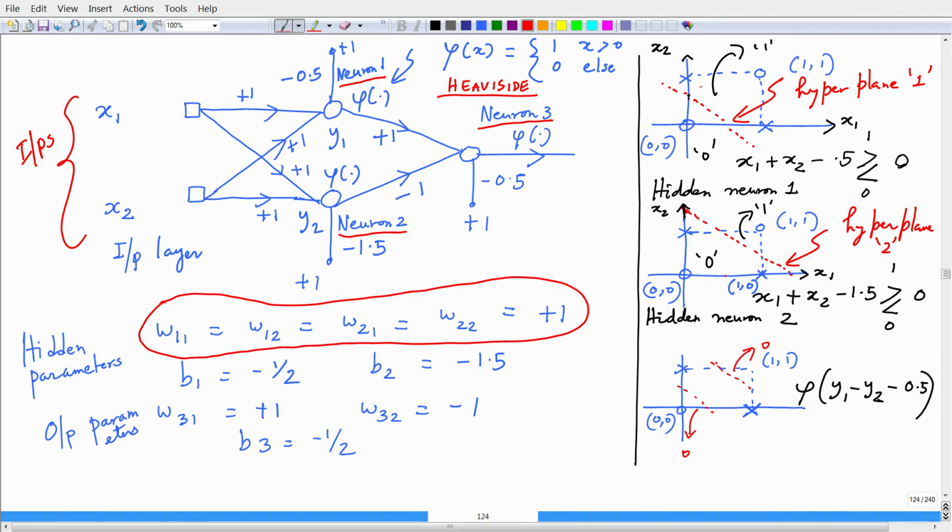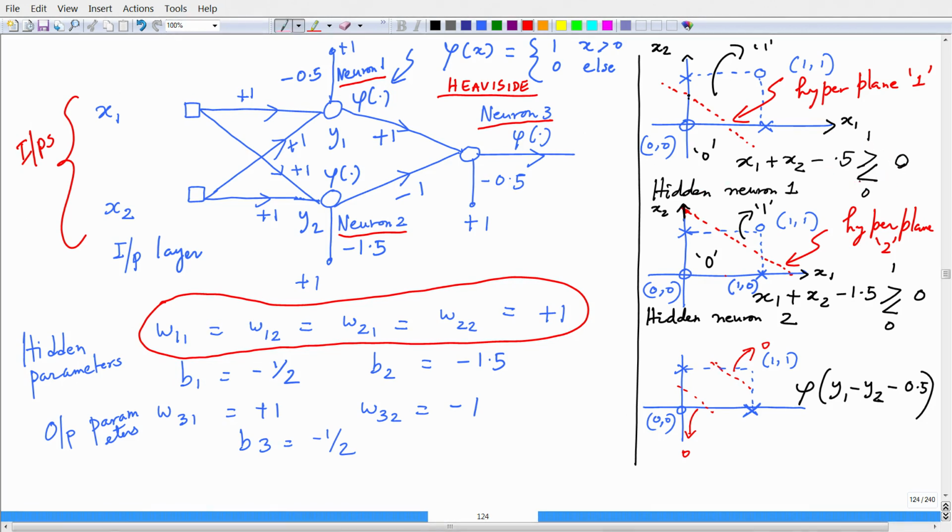Now, let us delve slightly into the details. We have these 4 points here, right. At this node, that is neuron 1, I have x1 times +1 and x2 times +1, which are summed, and then I add the bias -0.5 and apply the Heaviside function. So, it is phi of x1 plus x2 minus 0.5: if it is greater than 0 it is 1, otherwise it is 0.